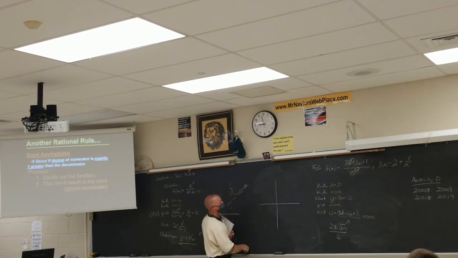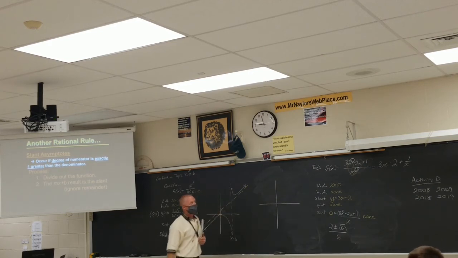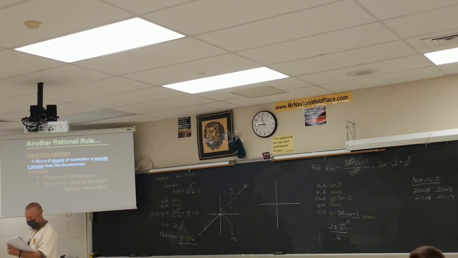What's this look like if you put it in Desmos? 3x squared minus 2x plus 1, all over x.